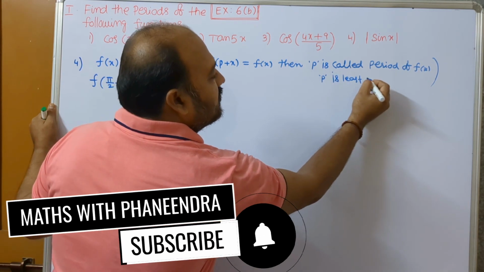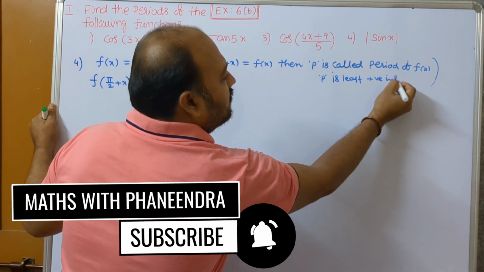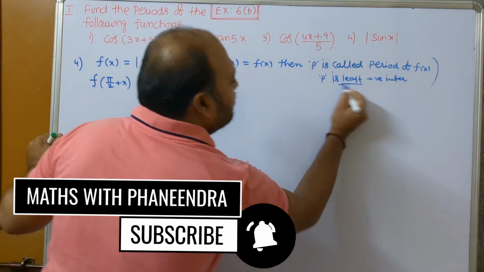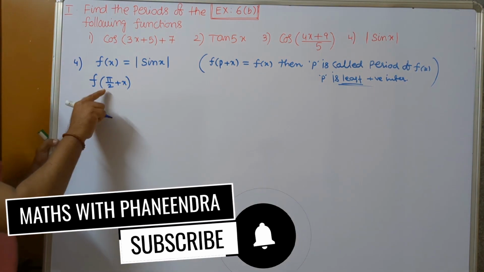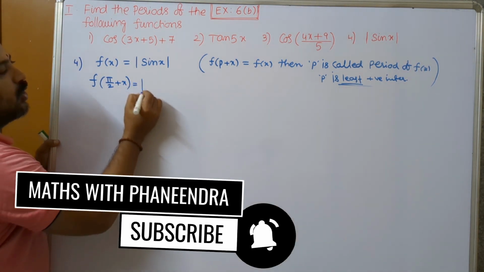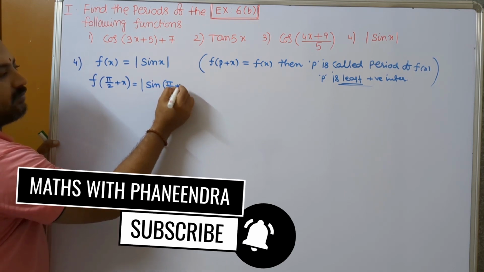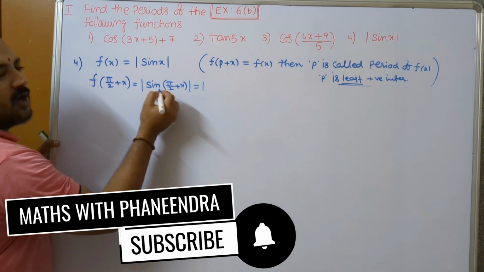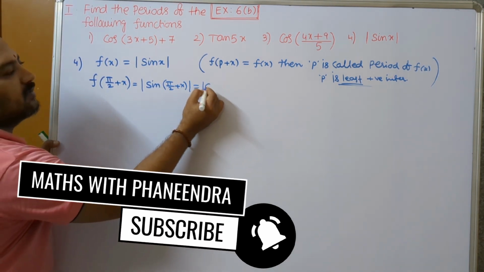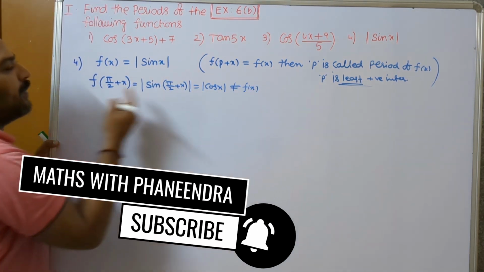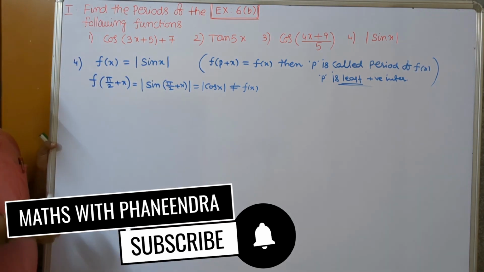Least, a very important condition. I am explaining here. Wherever x is there, pi by 2 plus x. So mod sin of pi by 2 plus x is what? Cos x. Is it f of x? No, it is not f of x. So pi by 2 is not the period of this function.